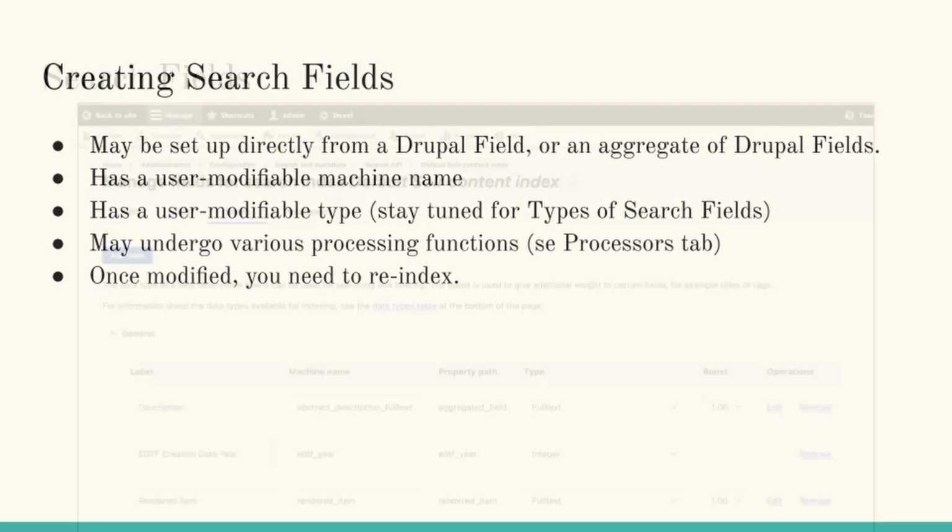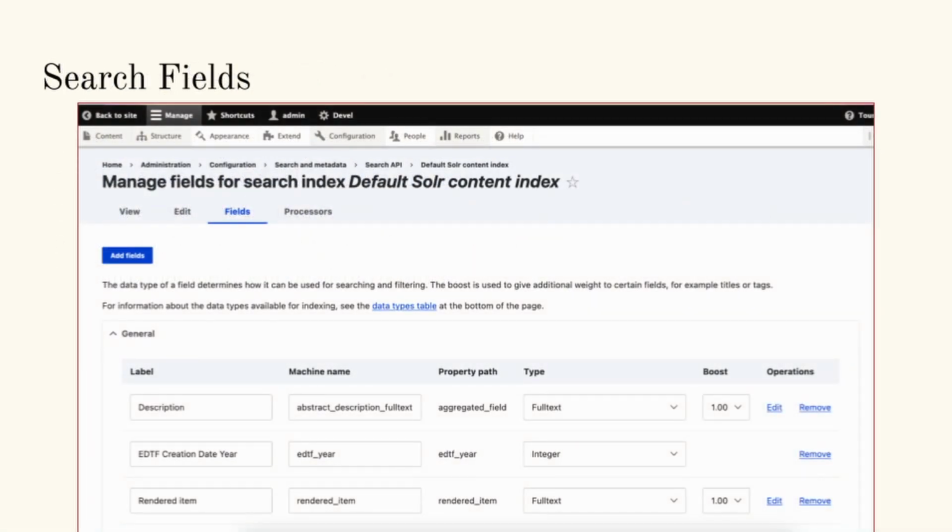So like we saw in an aggregate here, the abstract and description full text field is an amalgamation of your abstract and your description, because in Drupal we have those in two separate places, but sometimes it might be nice to search that as one unit. Search API allows you to manually edit the machine names of your fields, which is a little bit unusual for this kind of thing. And you can see there in the second column, you can edit that.